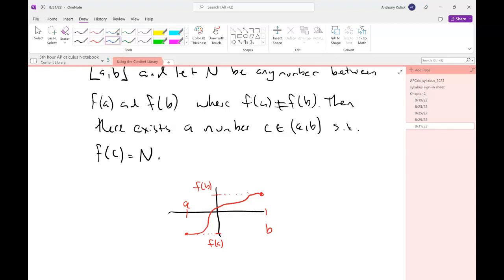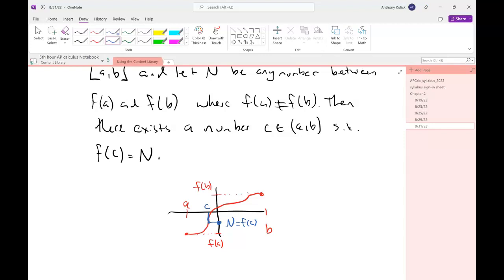What the intermediate value theorem says is I can pick any number between f of a and f of b. So maybe there's my number n. If that's the case, I should be able to find some value c that evaluates out to that number, which of course you should, right?